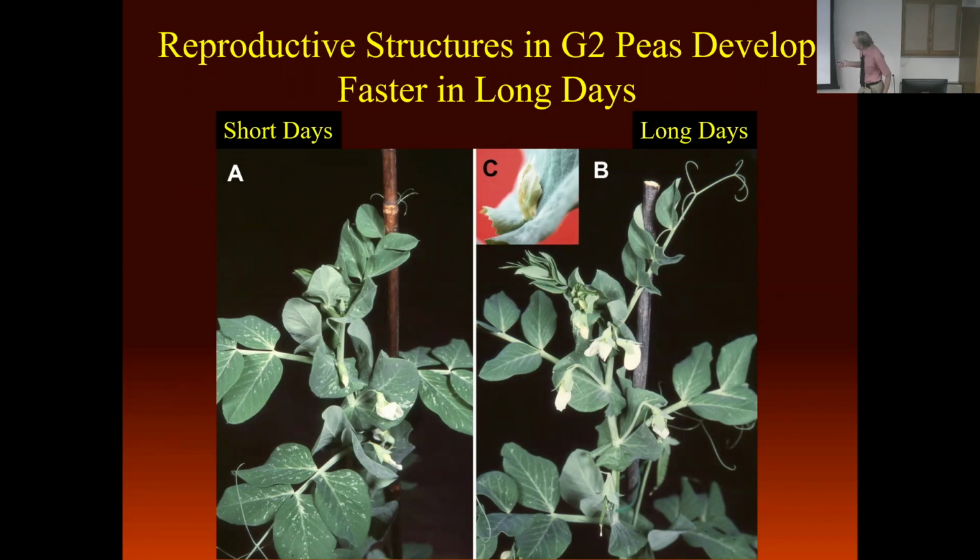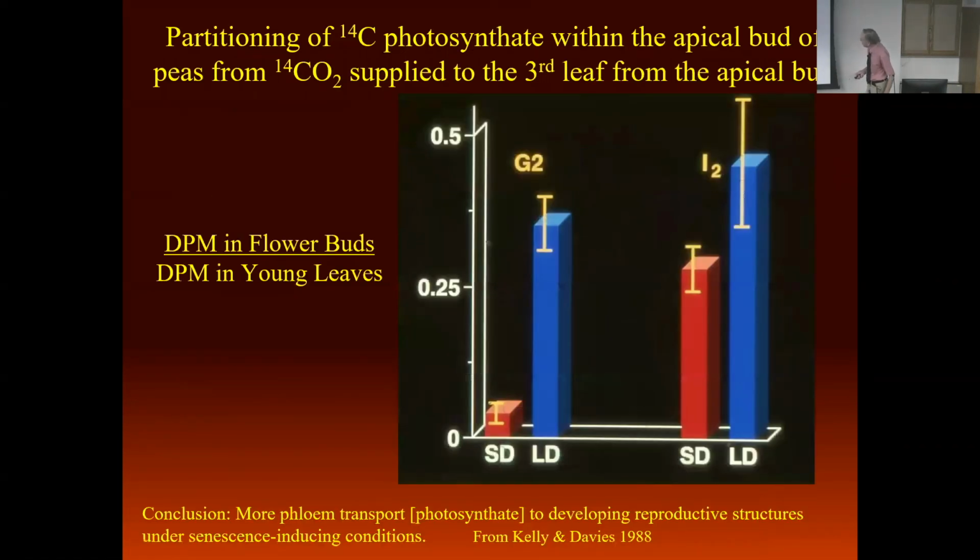Here it starts producing mainly flowers and fruits. And this is the amount of photosynthate going to the reproductive organs. The photosynthate going to reproduction is much greater in long days than in short days.